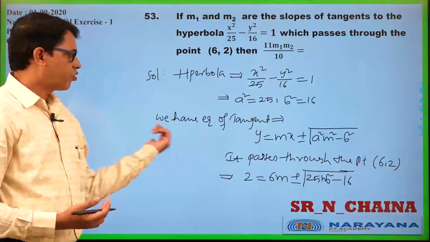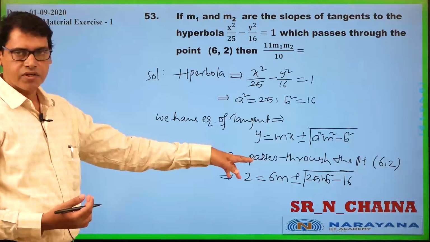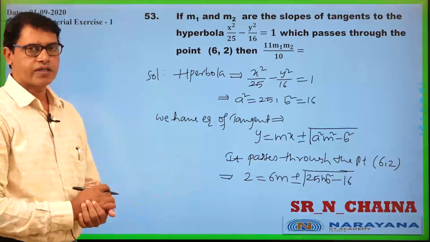So bring 6m to the left hand side. What we get? 2 minus 6m equal to plus minus root under 25m square minus 16.